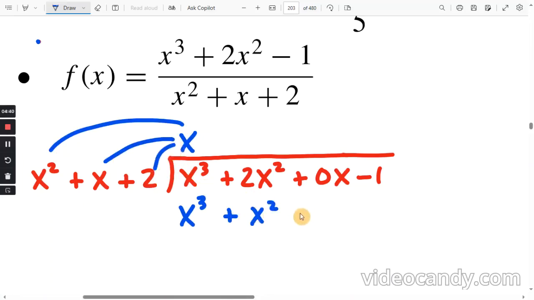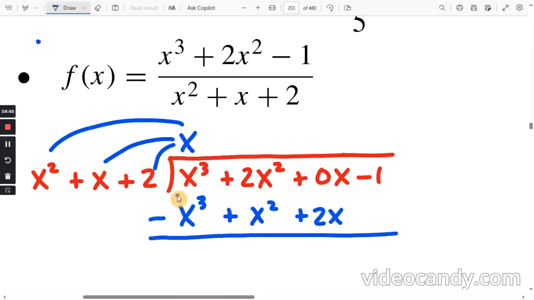X times 2 is 2x. All right, we're going to subtract this whole thing, so use parentheses. X to the third minus x to the third is 0. 2x squared minus 1x squared is just 1x squared, or x squared. 0x minus 2x is negative 2x. And we're going to bring down the negative 1.